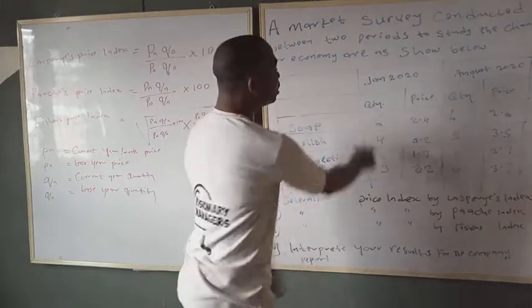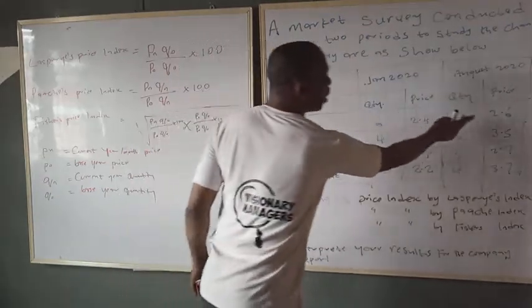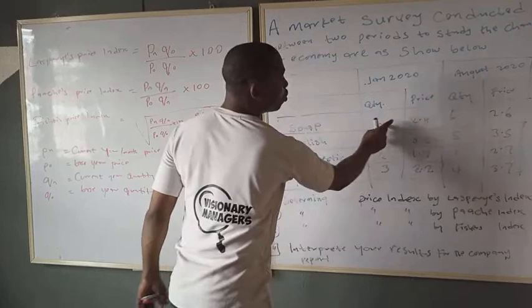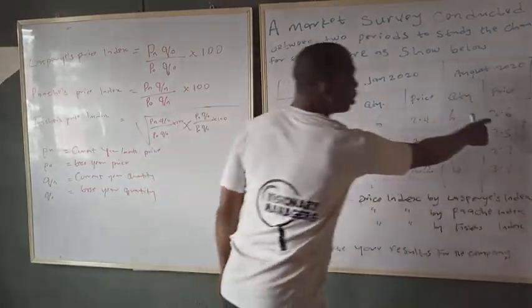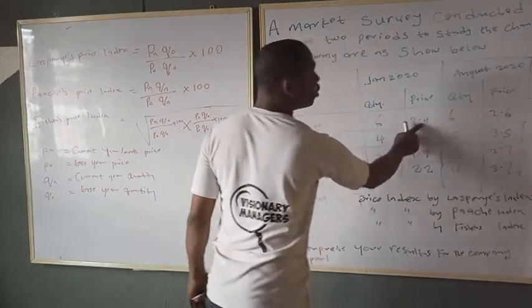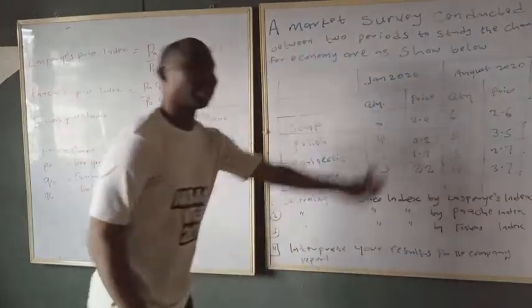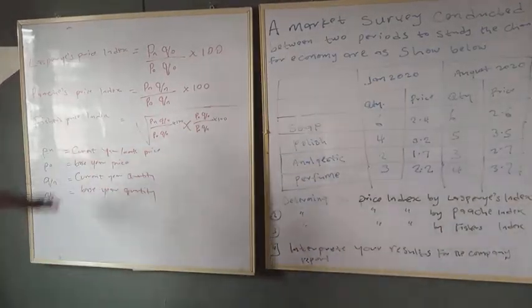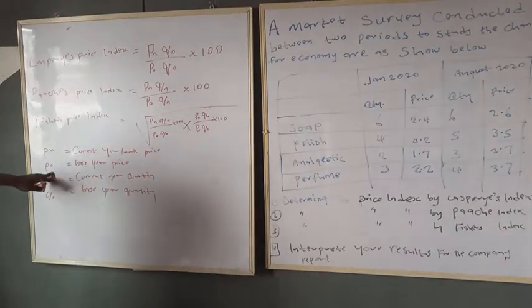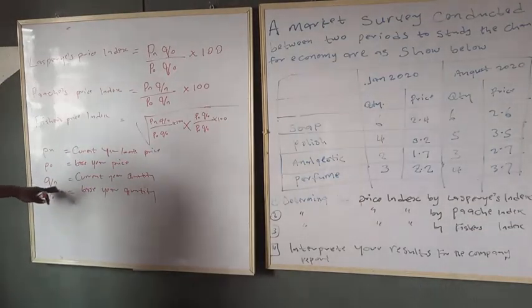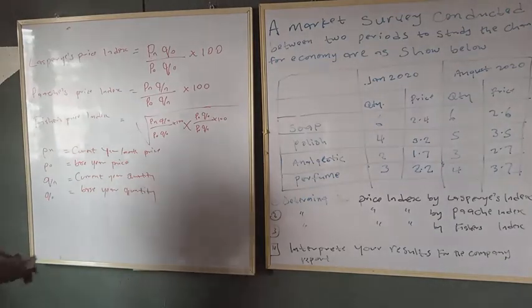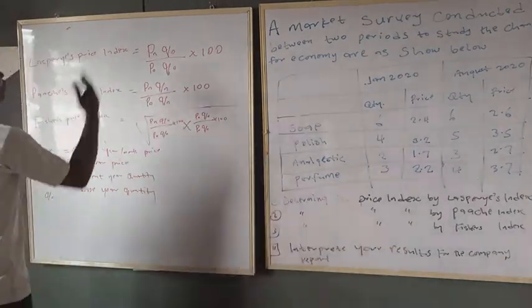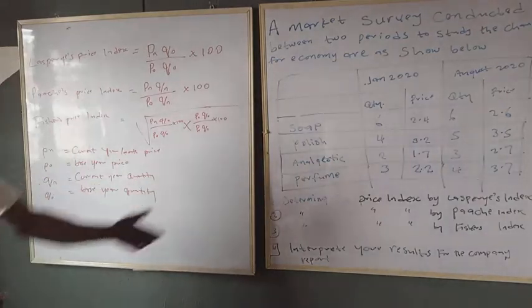Here, this is our base quantity and this is our current quantity. So this is Qo, this is Qn, and this is price: this is our base year price, this is our current year price. So this is Po, this is Pn. Now when you see Pn, that is current year price, Po base year price, Qn current year quantity, and Qo base year quantity. Now, driving at this formula, we want to calculate the price index.